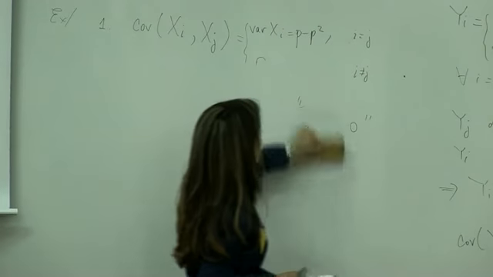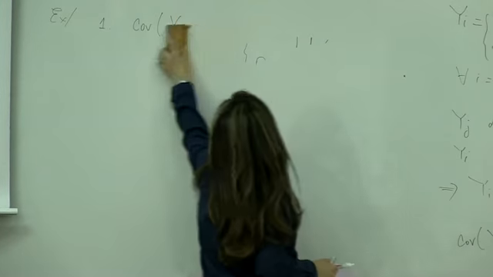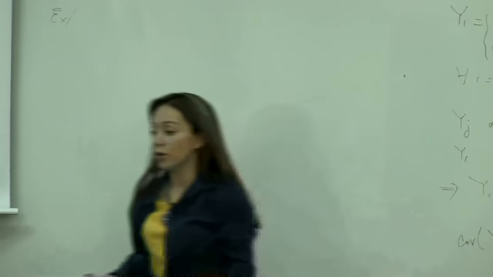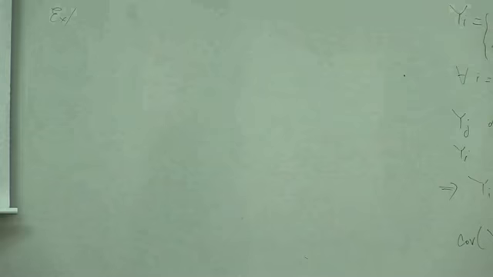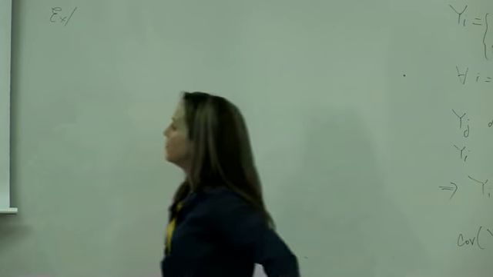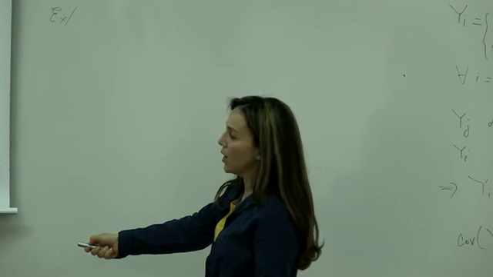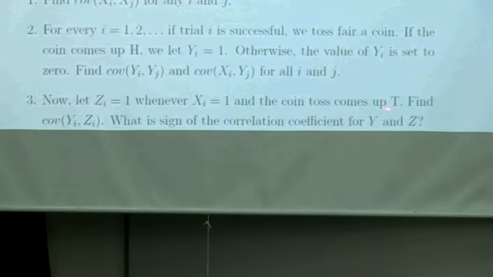We define another random variable z sub i, for every i. And z sub i works exactly the opposite way from y sub i, such that z sub i is 1 whenever x sub i is 1 and the coin comes up tails.